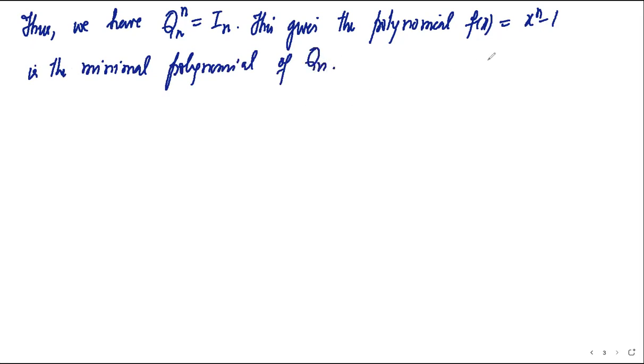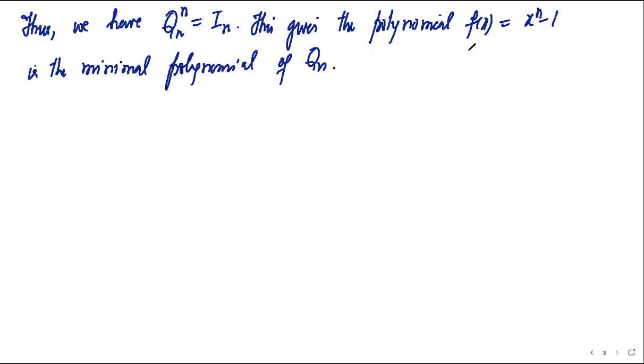Because we have already seen that n is the smallest positive integer such that Qn power n is equal to identity. So this means that we cannot reduce this polynomial f of x to a degree less than n, which annihilates this matrix Qn.